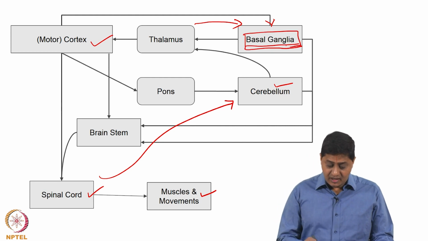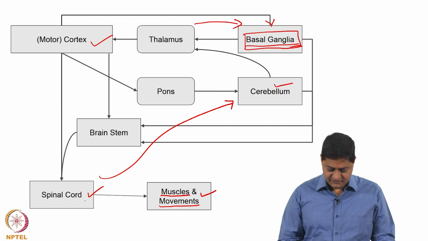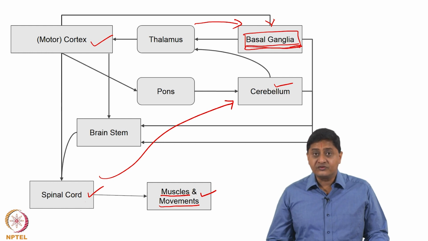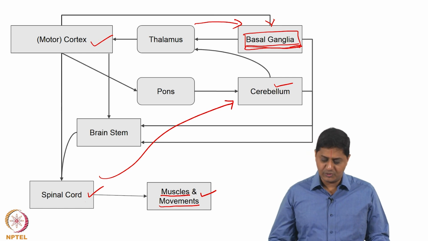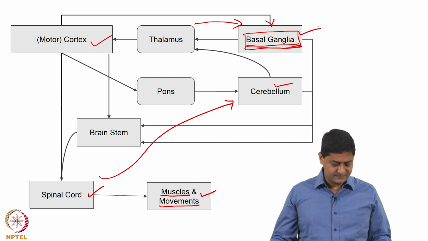We have seen all the other parts, we have seen muscle function, we have seen movement related details, we have seen spinal cord, we have seen cortex, we have seen cerebellum. So, basal ganglia is about the last topic in this discussion on neuroscience of human movement. So, we will discuss this in relatively great detail for the next few classes, right.